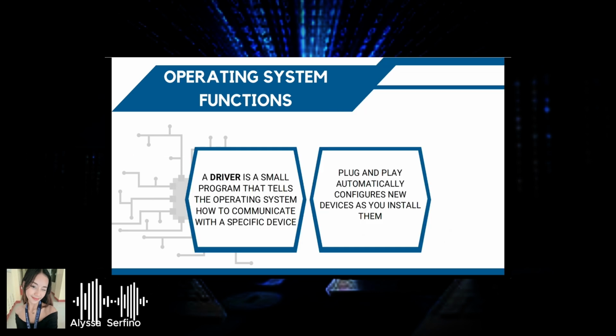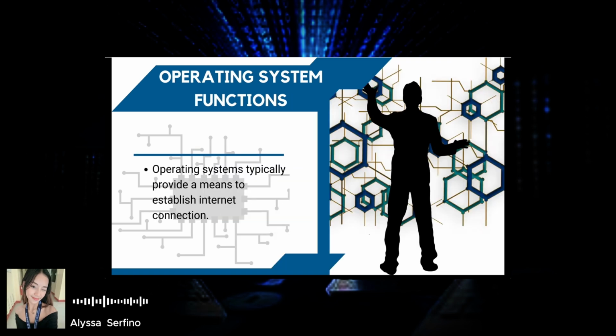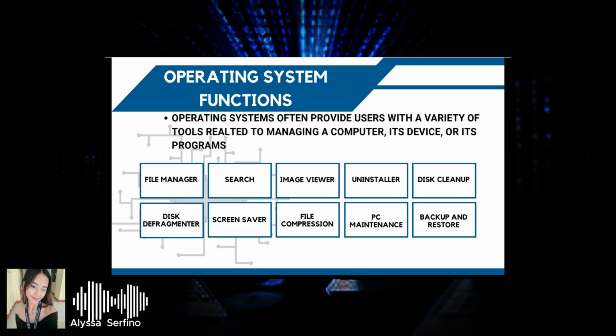A driver is a small program that tells the operating system how to communicate with a specific device. On the other hand, plug and play automatically configures new devices as you install them. Operating systems typically provide a means to establish an internet connection.